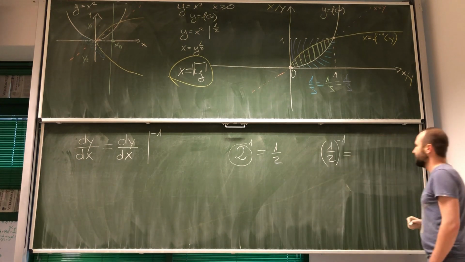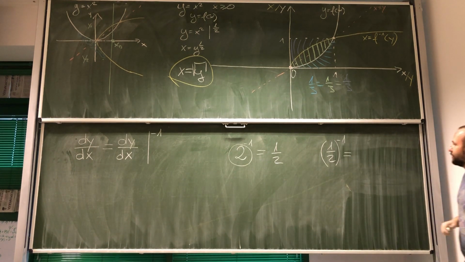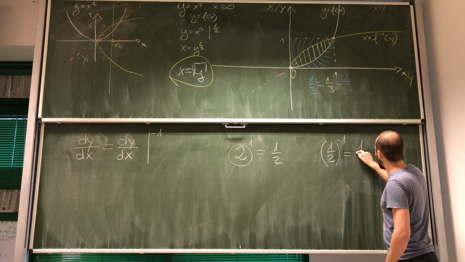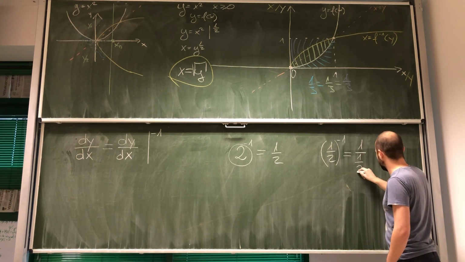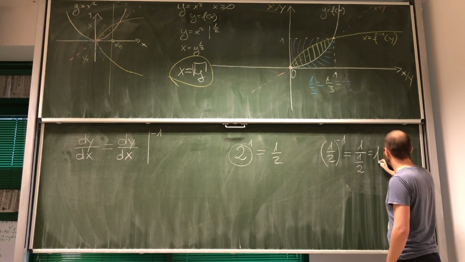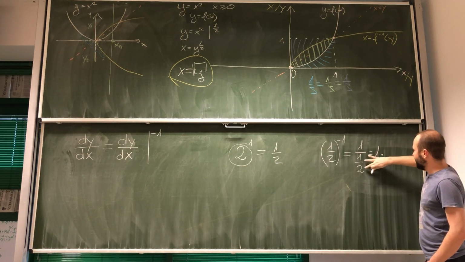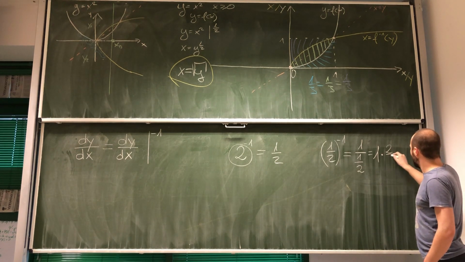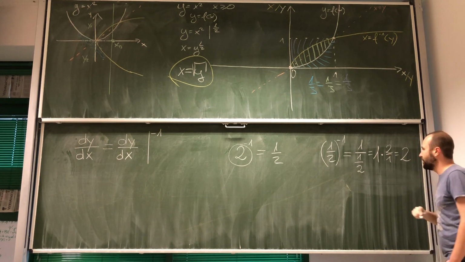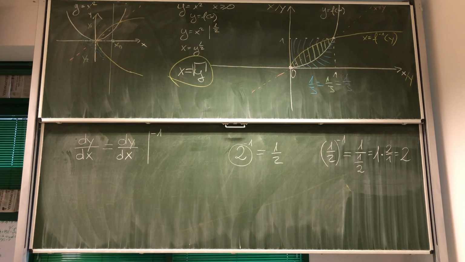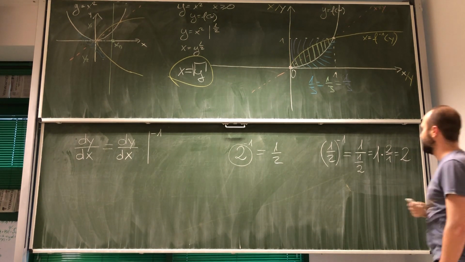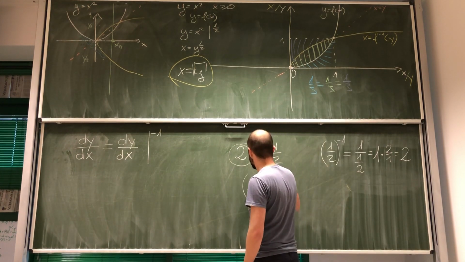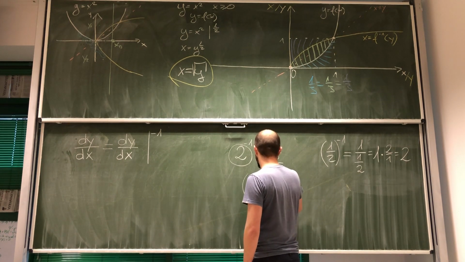How much is that? Well, let's use the same trick we used previously. It's going to be 1 divided by 1/2, but this is the same as 1 multiplied, when we divide, we multiply by the reciprocal, 2 over 1, which is 2. Okay, makes perfect sense. Okay, so how about if we have an expression like 3/4 to the power -1?